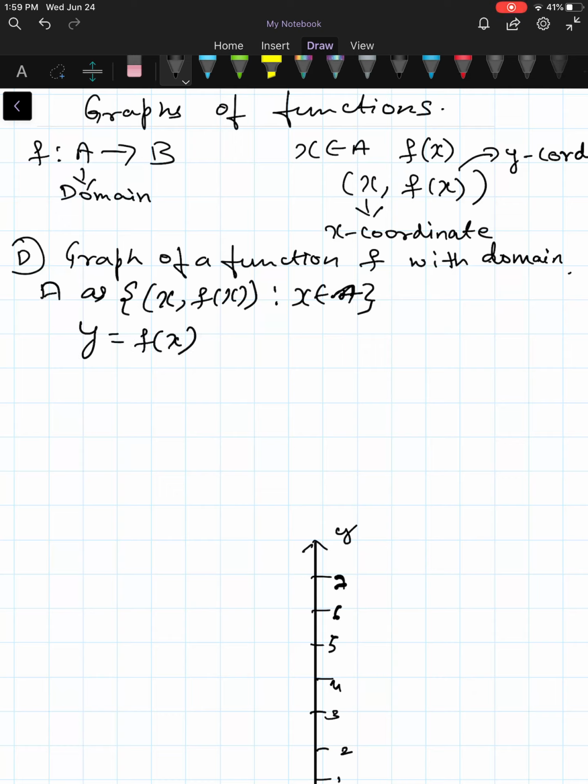So this is nothing but the equation of f.